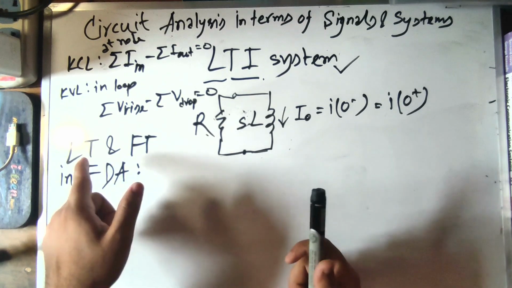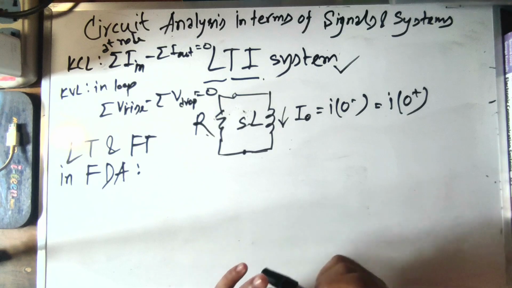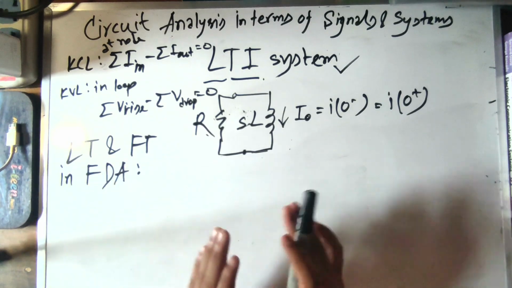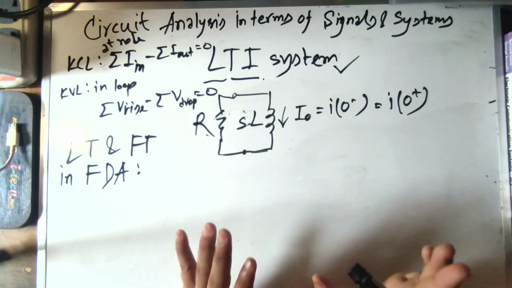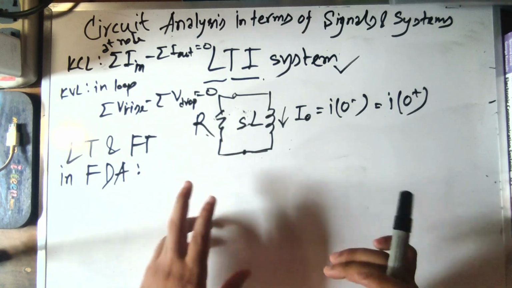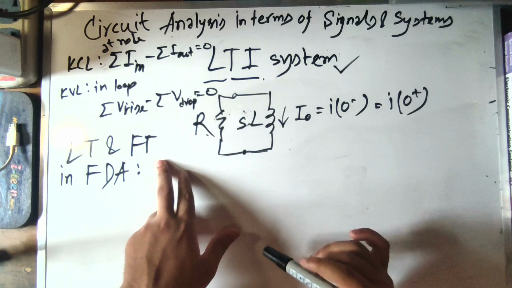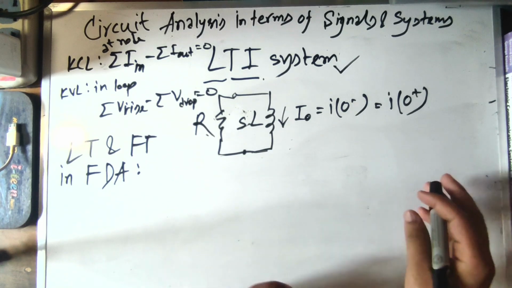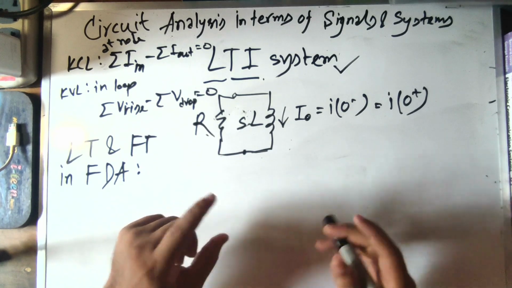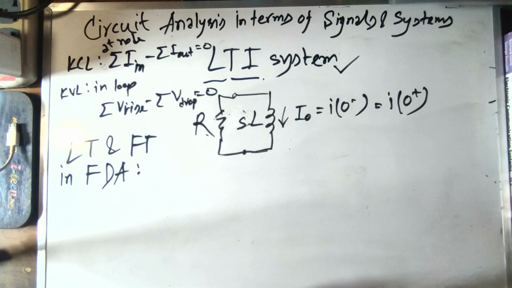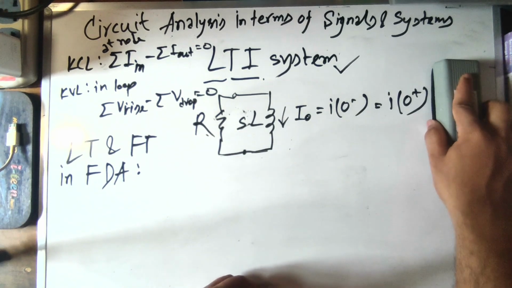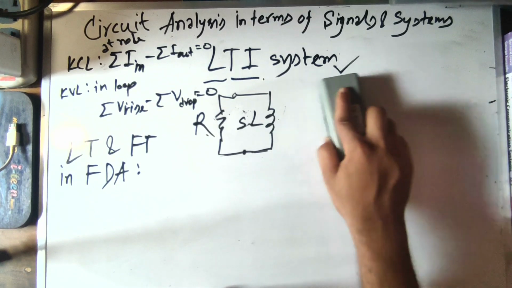We are doing the Laplace transform to get the full response. The Laplace transform gives the complete response, so we can analyze the circuit completely. On the other hand, the Fourier transform is only good for the steady state response, or the response when the excitation or input is available. That's when we do the Fourier transform.